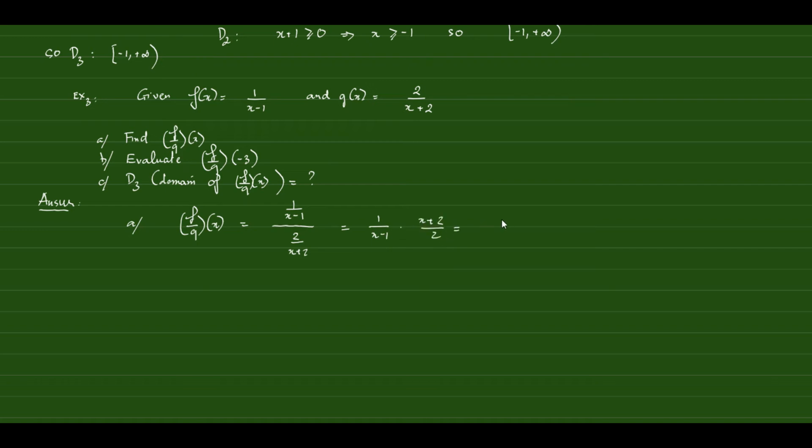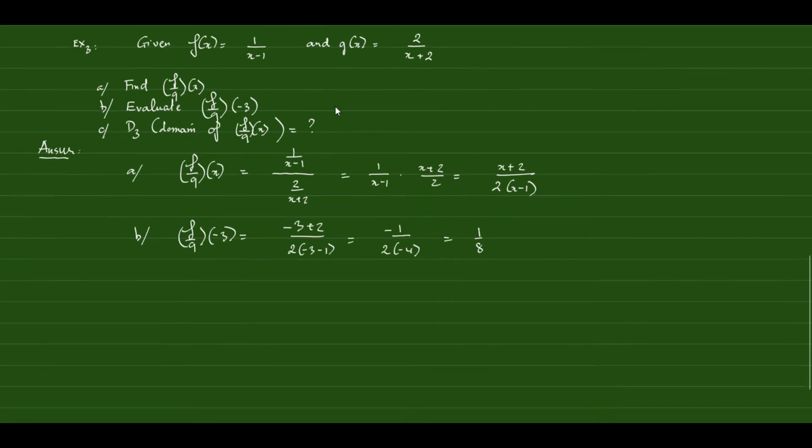So the answer will be x plus 2 over 2 x minus 1. And on part B, you just evaluate it at -3. So you plug -3 in. -3 minus 1 is -4, and the denominator is 2 times -4, so I'll give you 1/8 as the output.